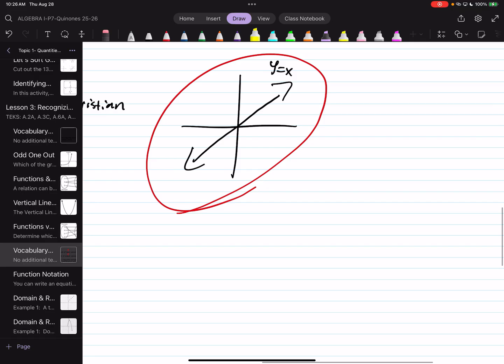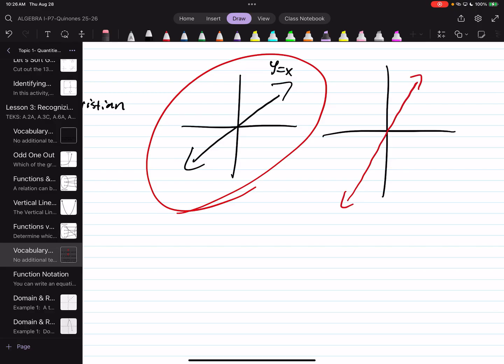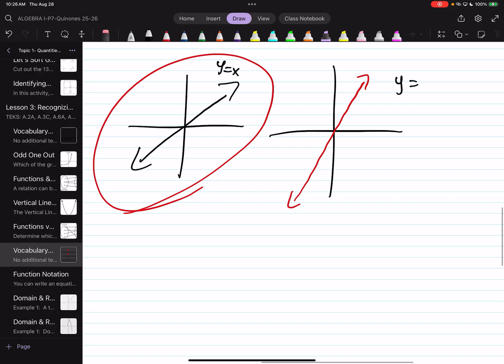Great question. We could talk about a much steeper graph, which would probably look something like y is equal to 2x.